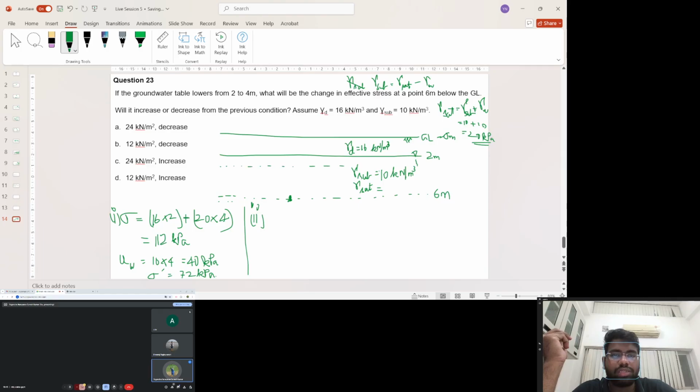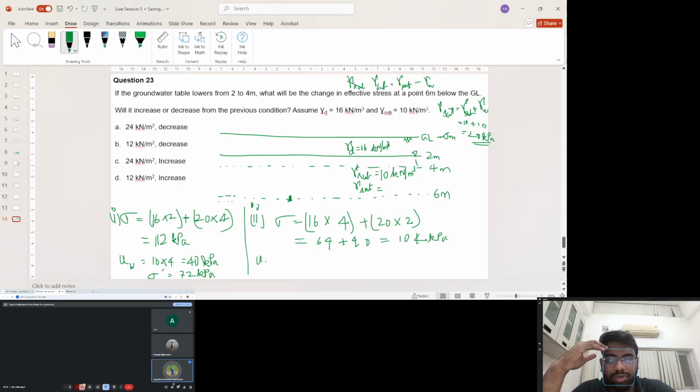That is, the dry part is increasing. Now this is 4 meters. What happens to total stress? Earlier it was 16 into 2. Now it is 16 into 4, ignoring capillary action, plus 20 into 2, which is 64 plus 40, 104 kilopascal.